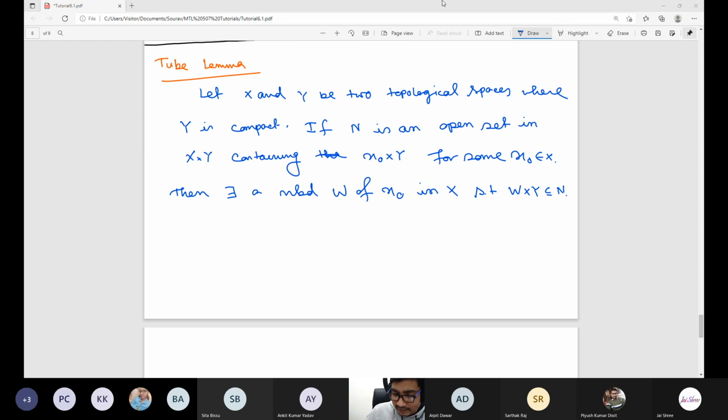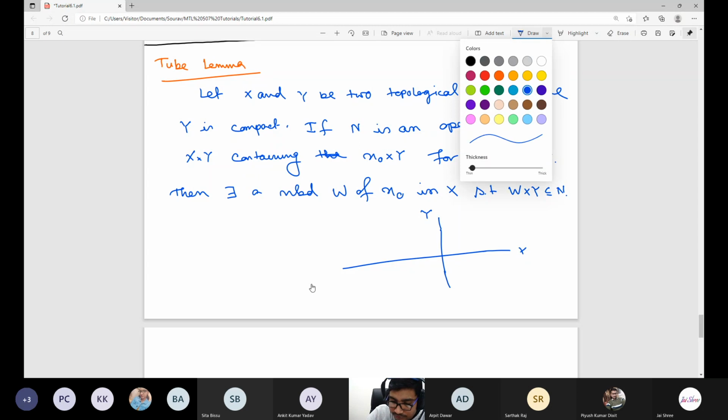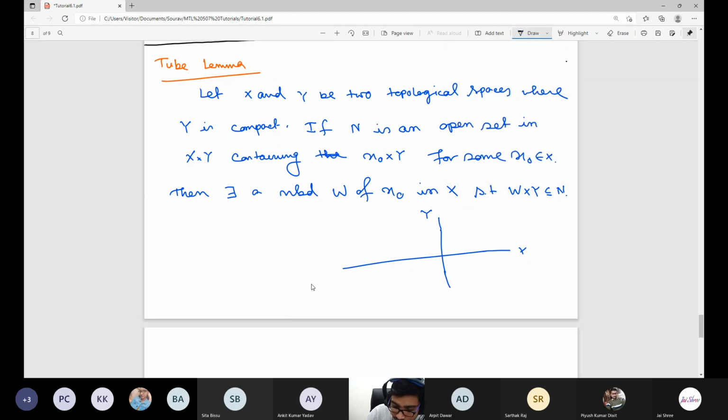Let's understand why this lemma is called the tube lemma. Suppose this is your space X and this is your space Y, and you are given that your space Y is compact. Suppose here is the point x naught, and you consider the line, and suppose you have some neighborhood, say N, containing this set.